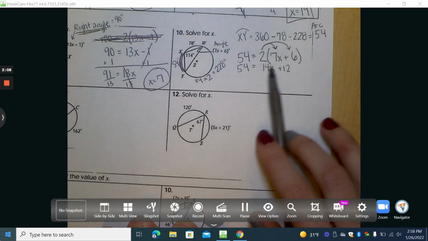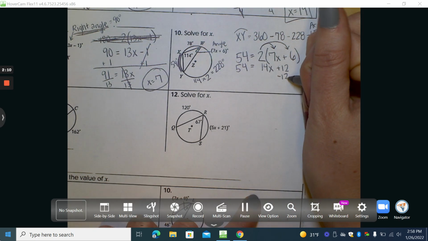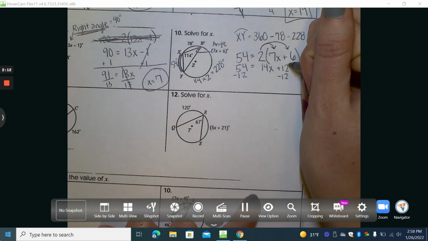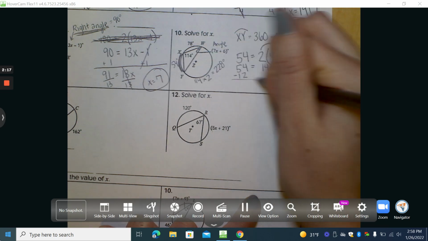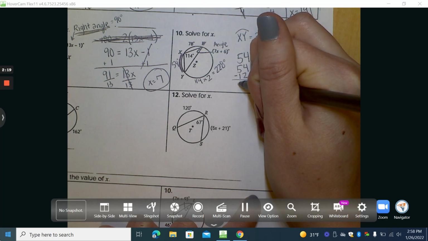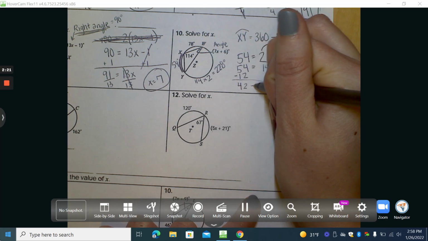And then I want to get x by itself. So I'm going to subtract 12. That gets rid of those 12s. 54 minus 12 leaves me with 42.